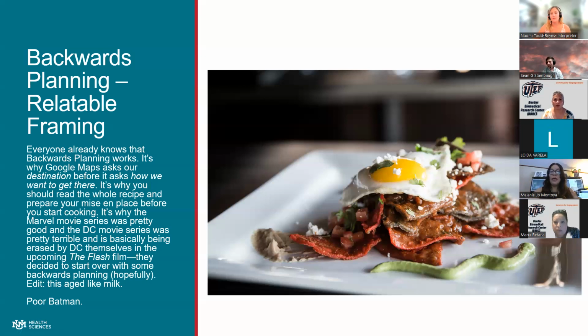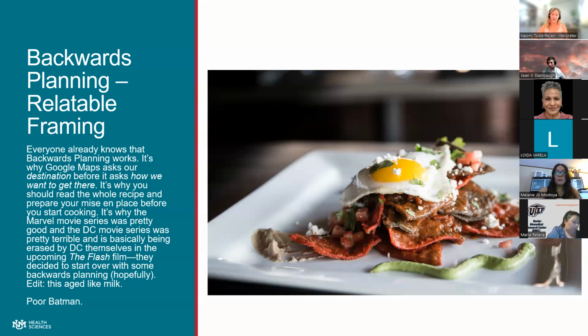Sorry. So the Marvel movies, I think, started at the end. They had this vision for a big finale that pulled lots of different stories together. The DC movies didn't do that. And because of that, they just released this recent The Flash movie, and the whole goal of that movie was to reboot the entire thing and start over.